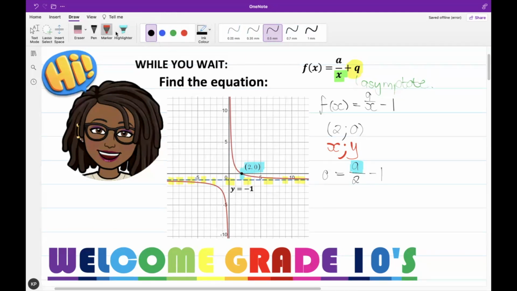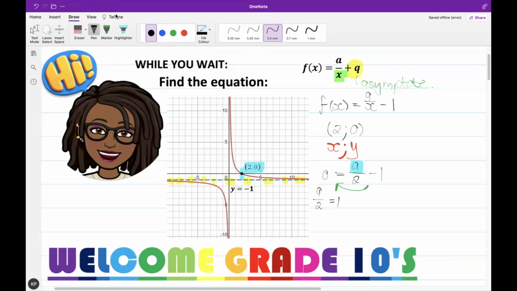So first things first, we have to get rid of everything around a, and the first thing is this -1, by taking it over to the other side. So then we're going to have a divided by 2 is equal to, what happens to -1 when it gets to the other side? It becomes a positive 1, right? So a over 2 is equal to 1.